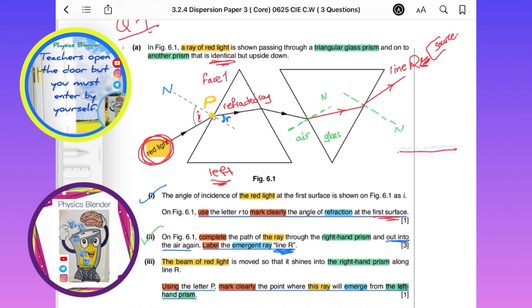I will draw it again here, as if it consists of two identical prisms. The incident ray is refracted twice, and the emergent ray is parallel to the incident ray. So this is what happens here. This is the incident ray, and it's parallel to the emergent ray.